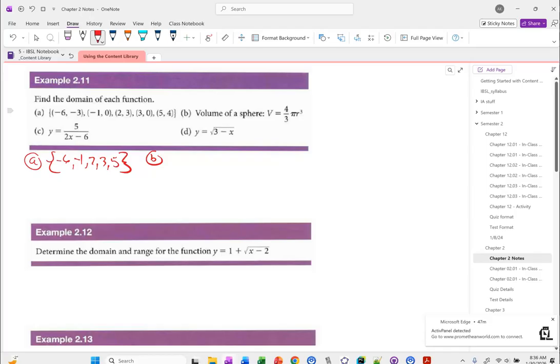What are the possible values that a sphere's radius can have? Is it finite or infinite? Infinite, so we're going to use interval notation to represent that. What are values that R could have? Give me some examples of reasonable values for the radius of the sphere. 1. Sure. What else? 2.